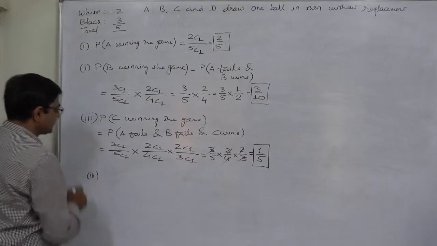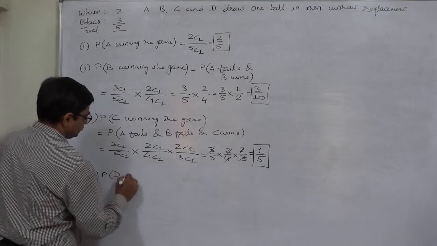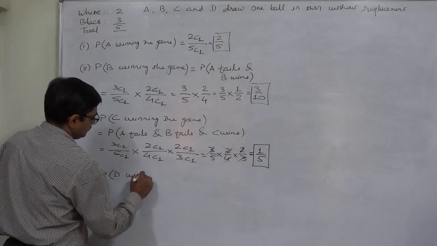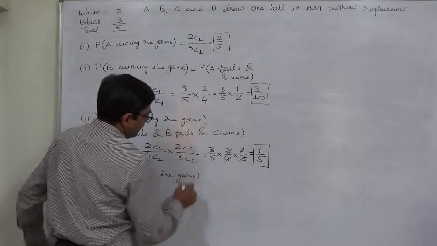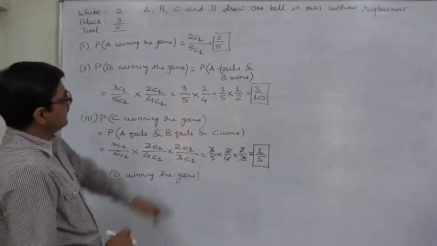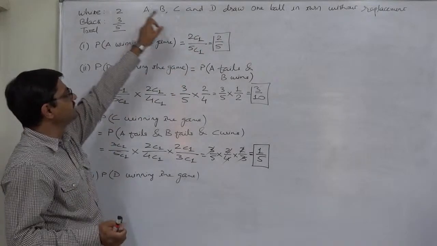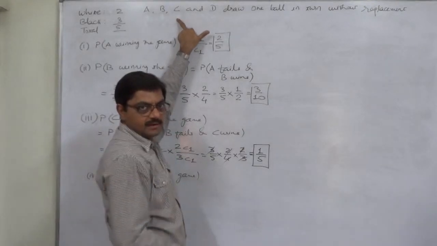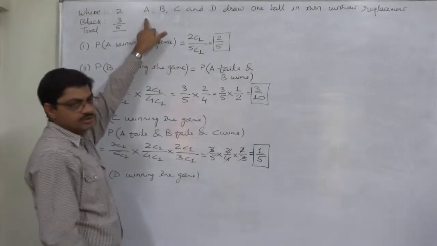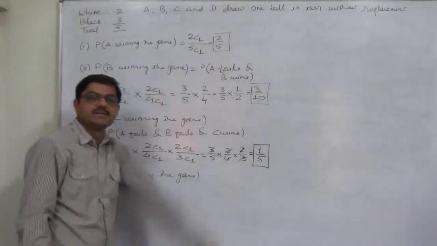And the last case is the probability of D winning the game. Now D's turn is dependent on the whole scenario that A fails and B fails and C fails. Then only D's turn can be there. A has drawn a black ball, B has drawn a black ball, C has drawn a black ball, and now it is D's turn.